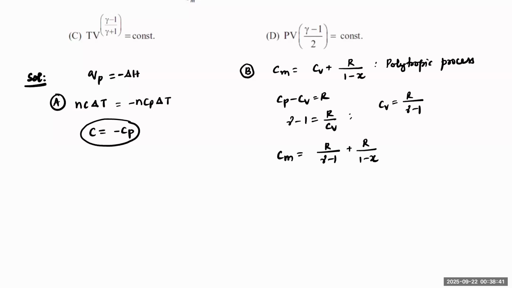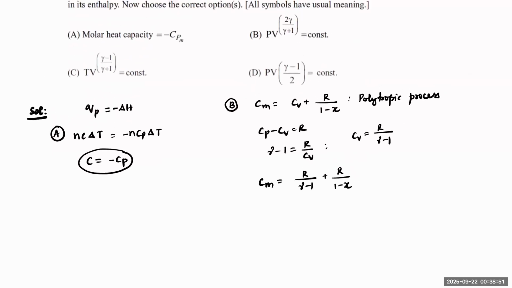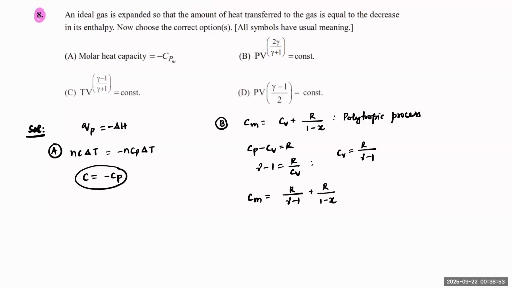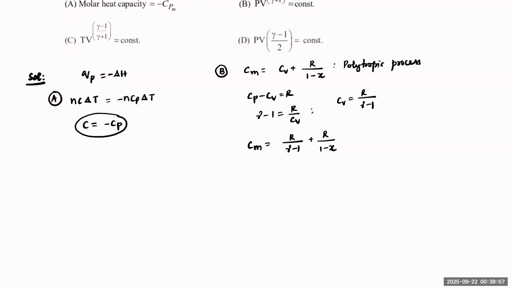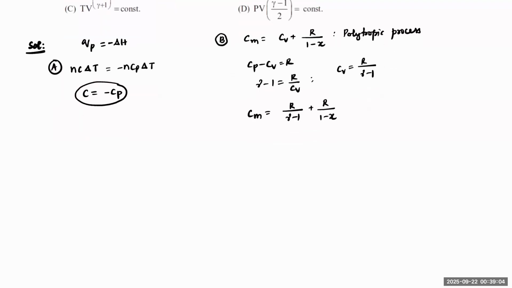So for the polytropic process, if I have to write this in terms of R, this is how it will be. Now since C is equal to minus Cp, let me write that as minus Cp here. So minus Cp will be equal to R by gamma minus 1 plus R by 1 minus X. This is what you will get.